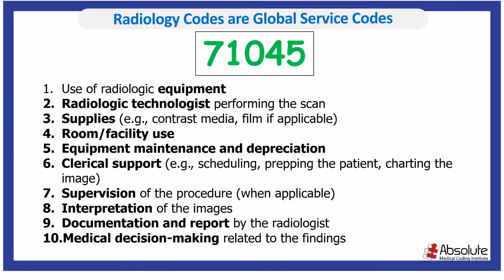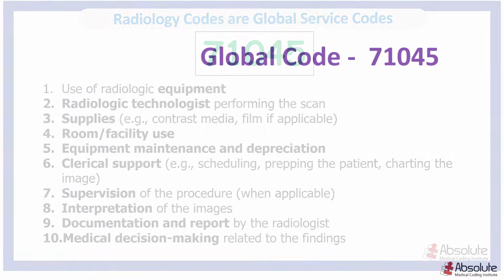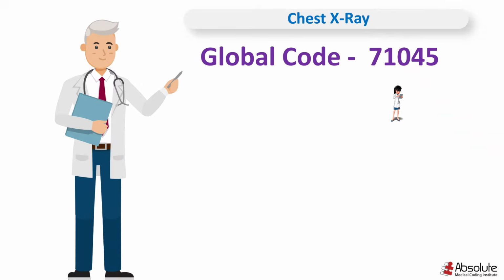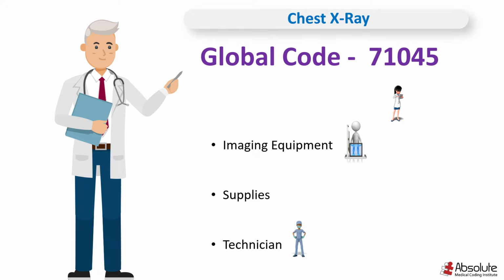Now, let's go ahead and break it down a little further. All right, so we have our chest x-ray, and in general, it bundles these items. I just kind of classified them, so you don't have to be so specific. It bundles the professional, the equipment, the supplies, and the technician.